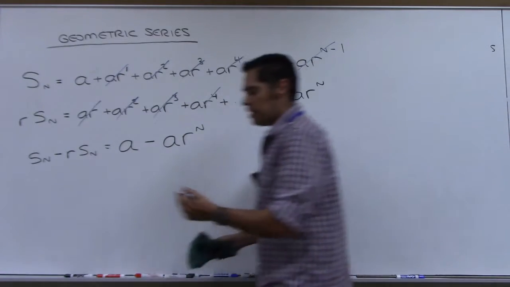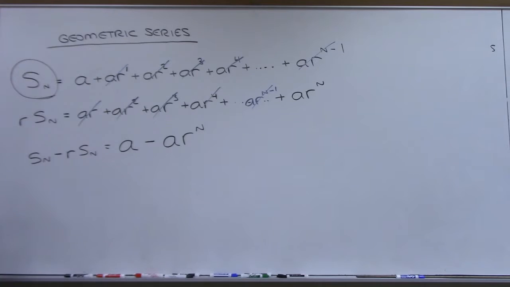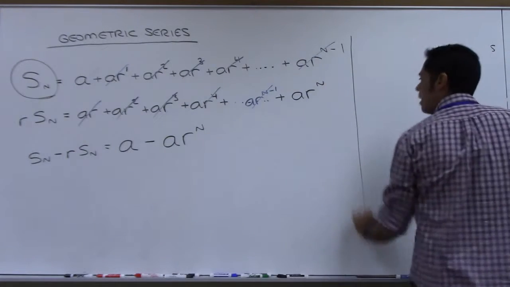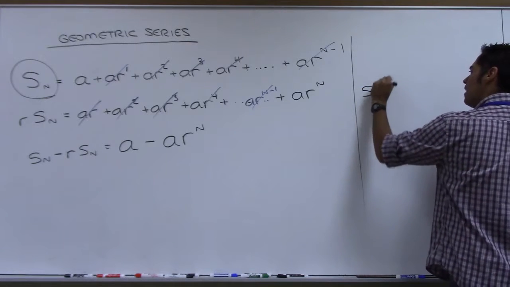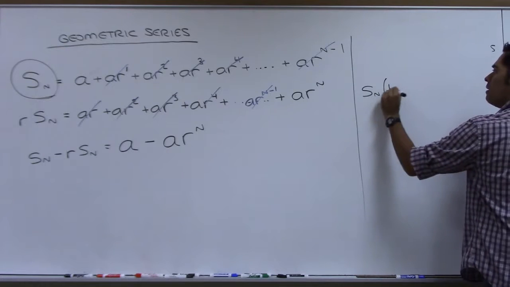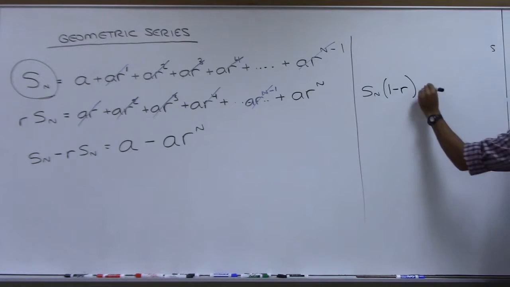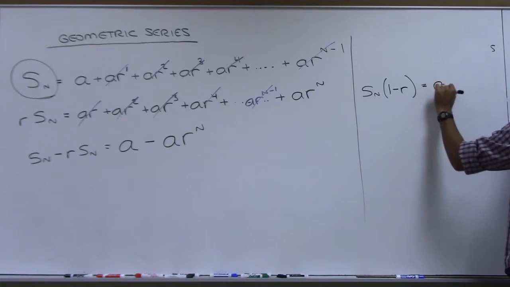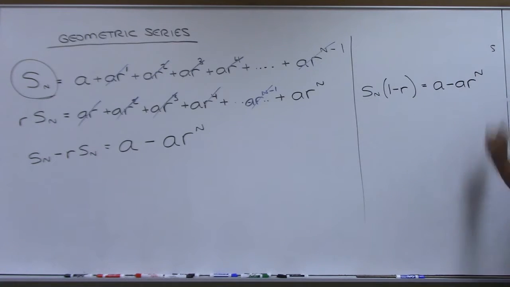Now, I was interested in this. This is what I'm most interested in. These both have it, don't they? So what can I do right here on the left-hand side? Factor out an S sub n. So this is algebraic now. S sub n is factored out on the left side. What's still there? 1 minus r. What's on the right side? a minus a r to the n.